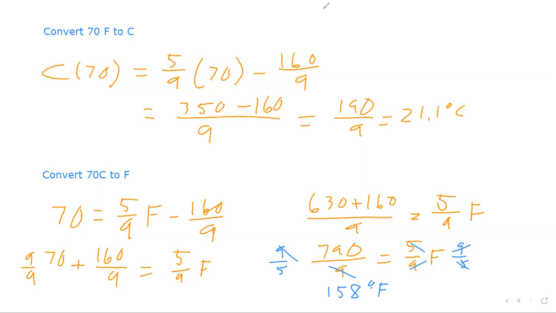And now if we would have used that other equation that we had, that F of 70 is equal to 9/5 times 70 plus 32. We can either do our multiplication or division first. This is really 70/1, and we can simplify this and make that a 1 and a 14.